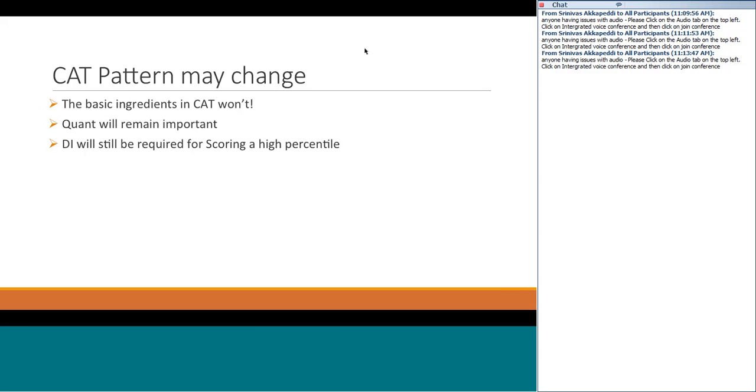In other words, the only common thing for all kinds of graduates in the world, forget about India, is the 8th, 9th, 10th class basic aptitude of quant, data interpretation, and English, of course.